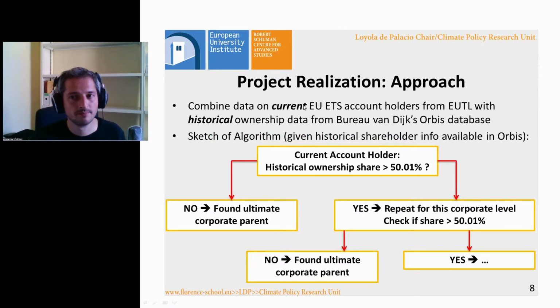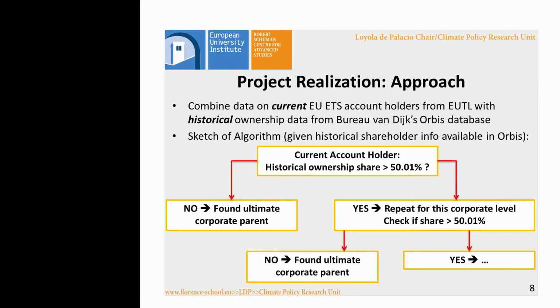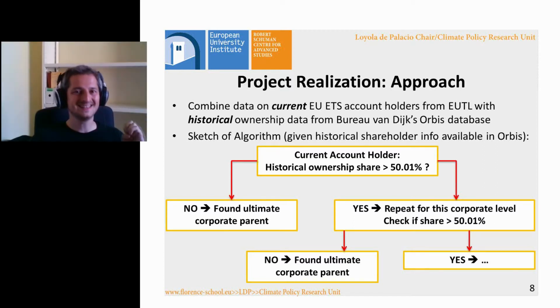Basically, what we do is take the ownership situation of an installation at the current point in time. And for us, current means about last spring, so roughly almost 1 year ago, which is when we downloaded the list of these installations.